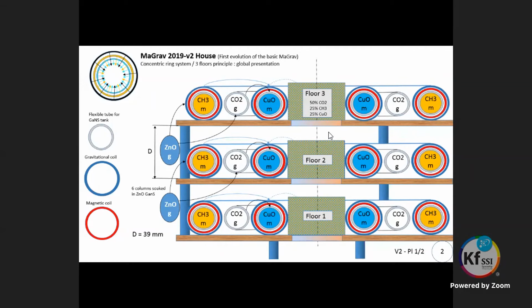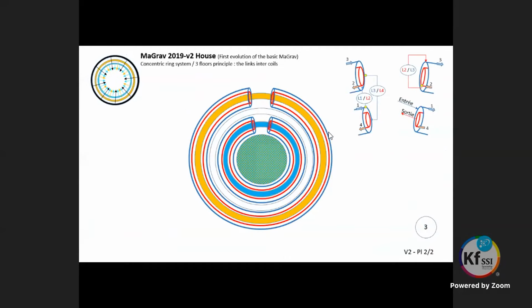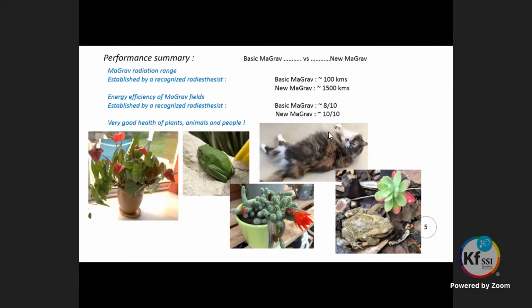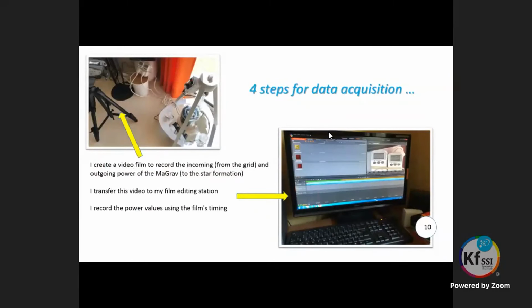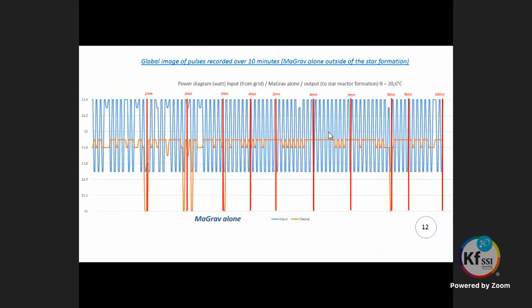Okay, I think I understand now. So the idea is he wants to open a central core. No, let me finish before Zane interrupted there. I was trying to say that what he has created is a pulse in his Magrav, and he's measured it. A regular Magrav does not have this pulse, okay?